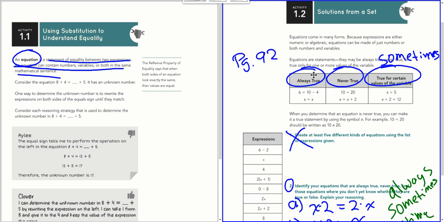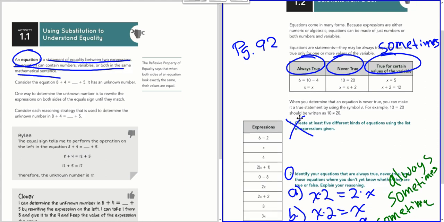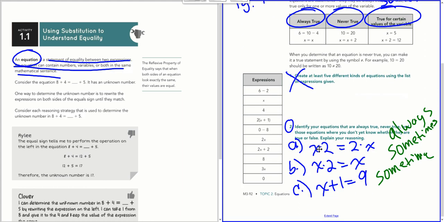Several options. An equation could always be true, could be never true, or it could be true for certain values of the variable, or sometimes. All right? And then I already gave you these equations down here, and asked you would they be sometimes true, always true, or never true.